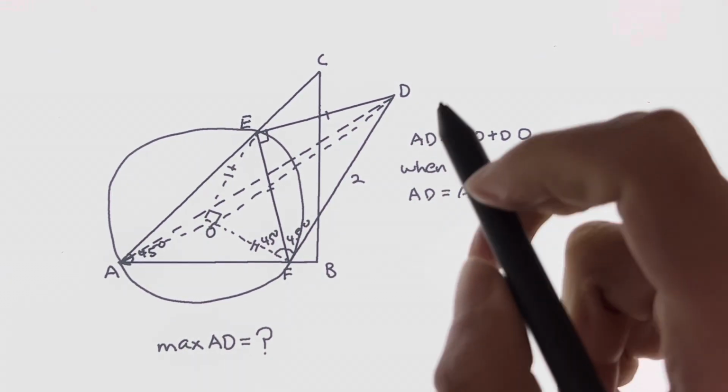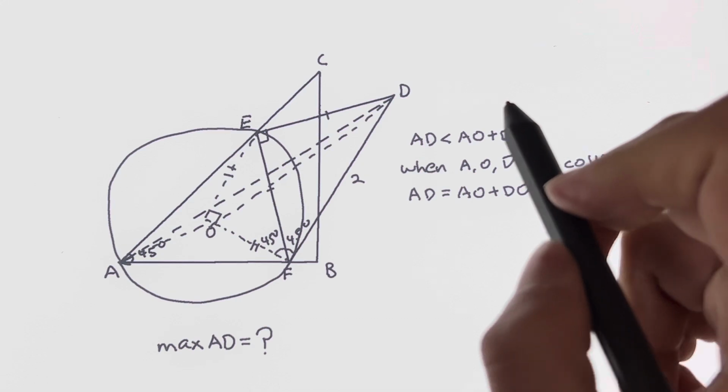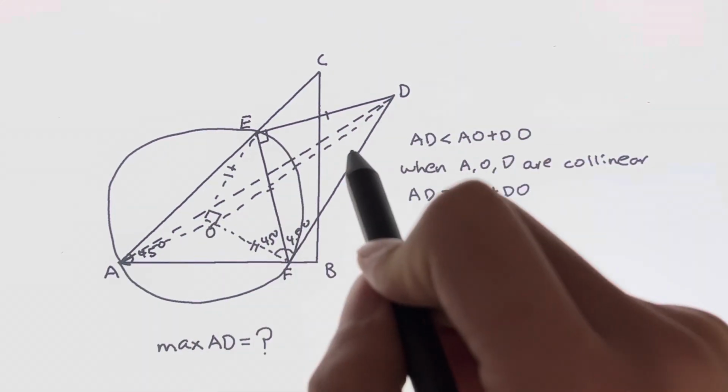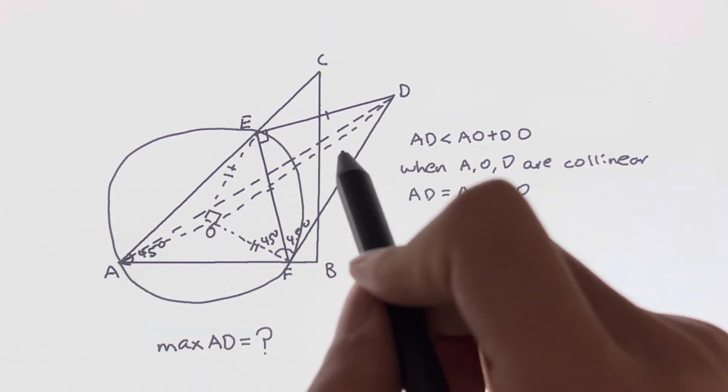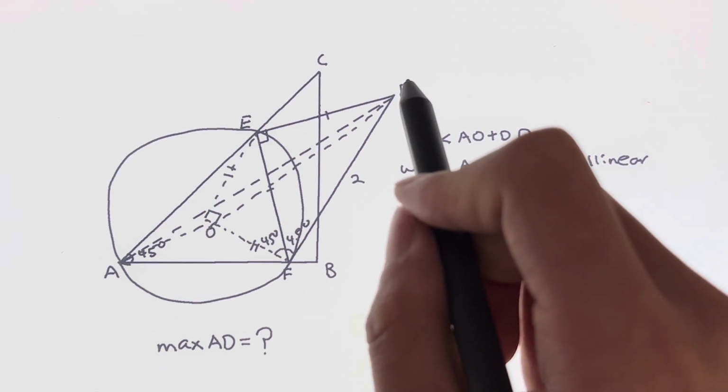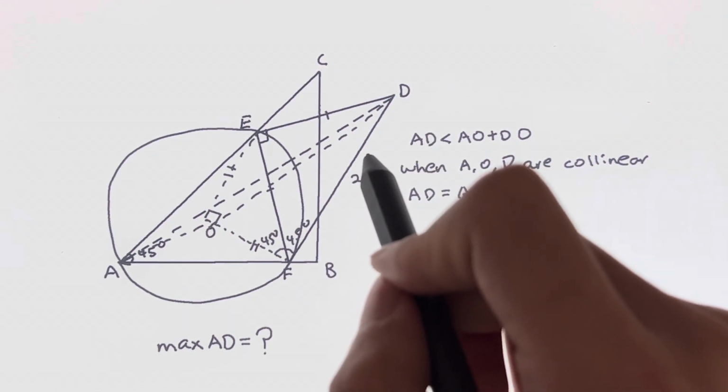So, to use this, we want to find the lengths of AO and DO. That is how we use the hypotenuse side length in this problem.